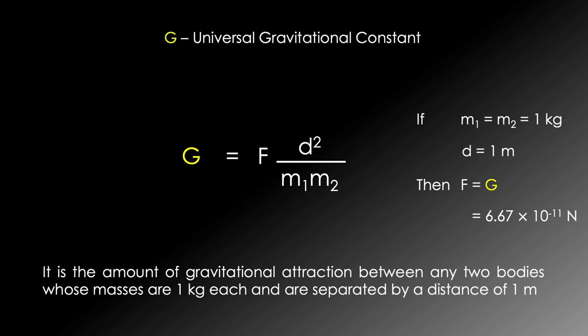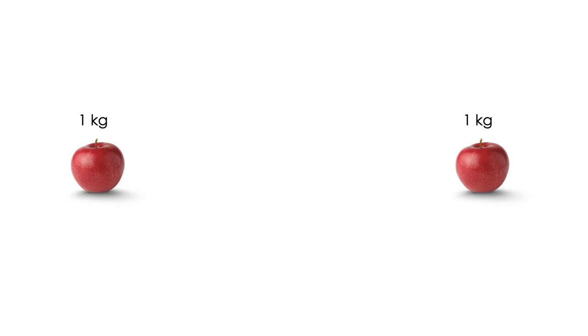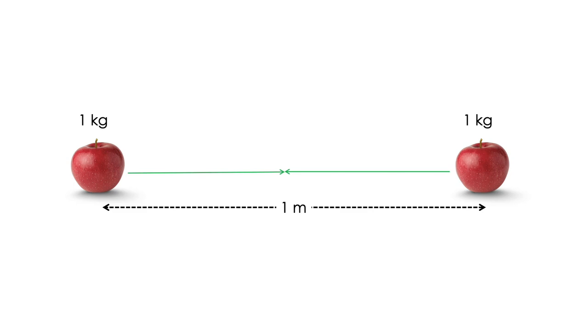Now you might wonder, if there is a force of gravity between any two masses, why don't these masses simply crash into each other? So here's the answer. If we have two apples whose masses are 1 kilogram each and are separated by a distance of 1 meter, then according to the law of universal gravitation, there is a force of attraction between the two apples.